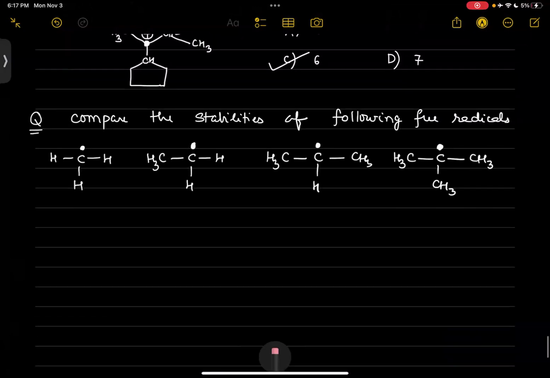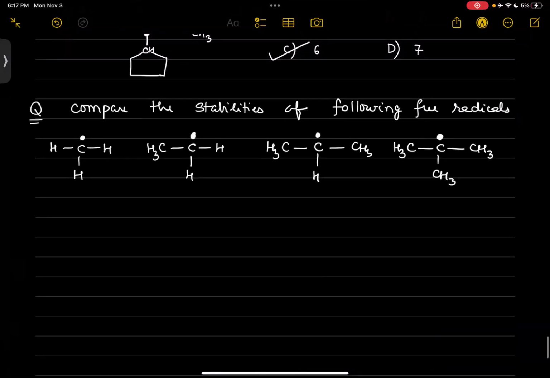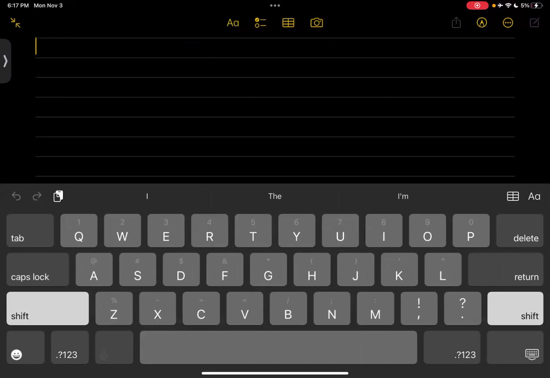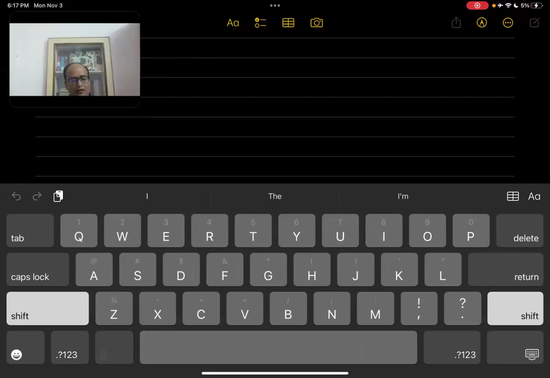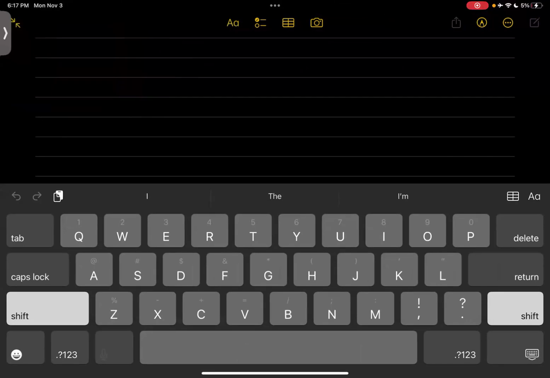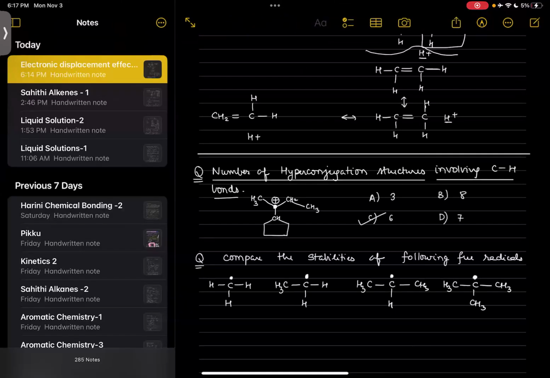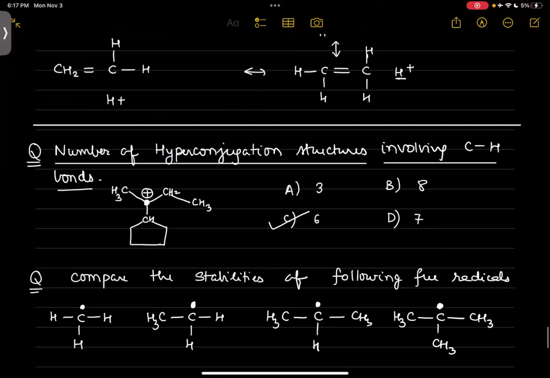Clear? In hydrocarbons only we are going to see them, right?